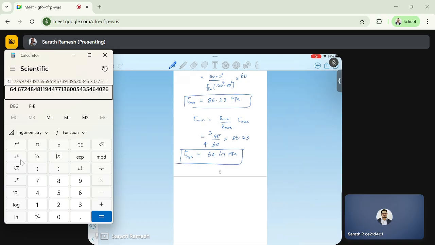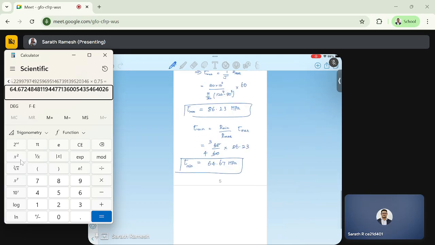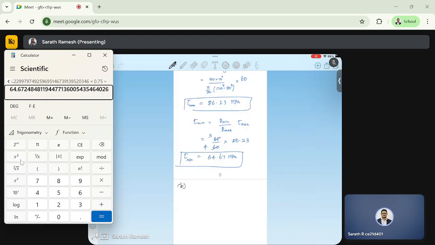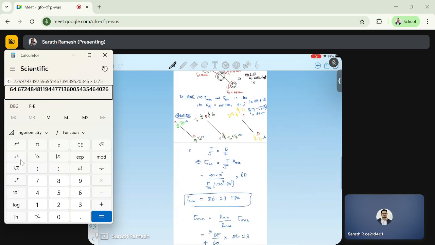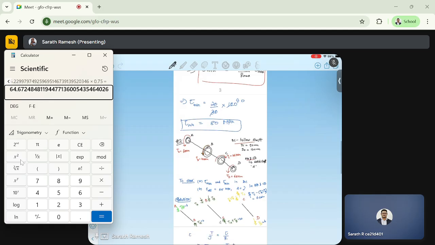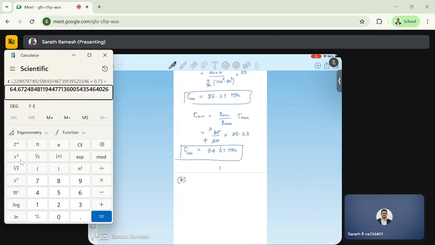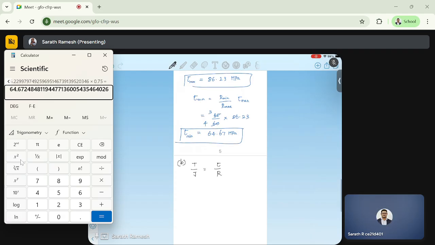Let's do subdivision B. So again, tau is given. So T by J equal to tau by R.